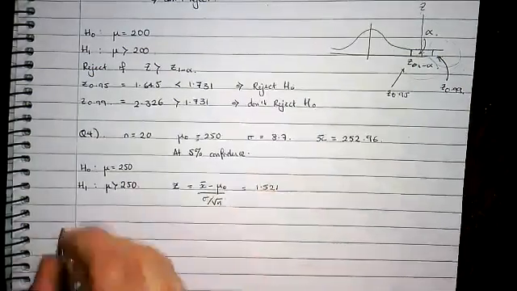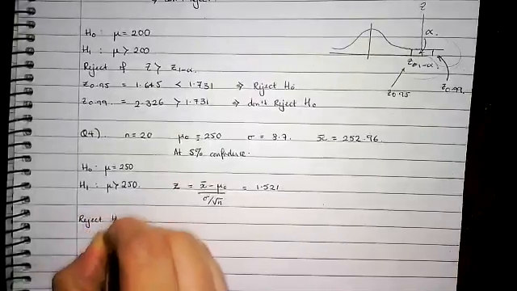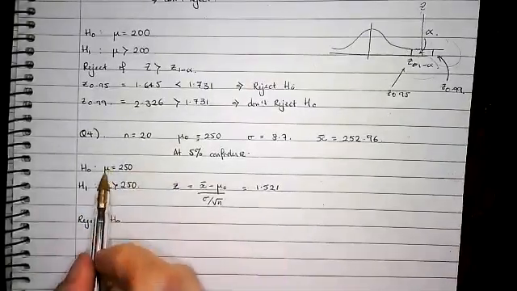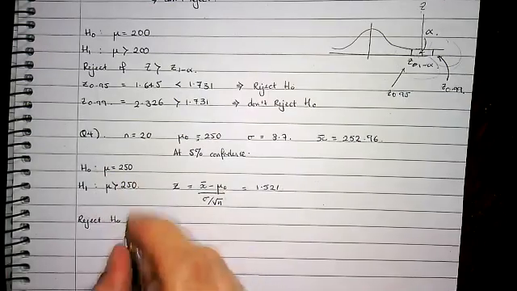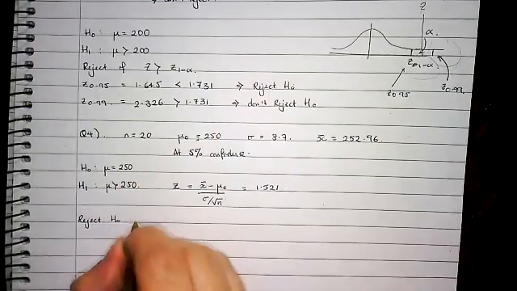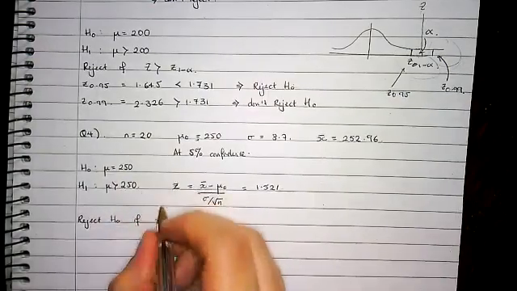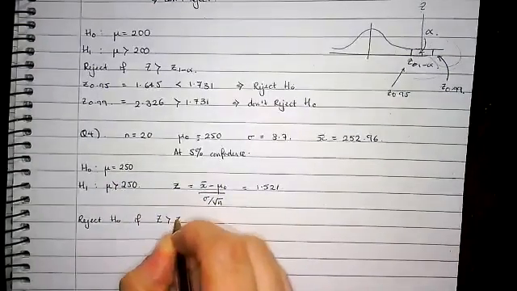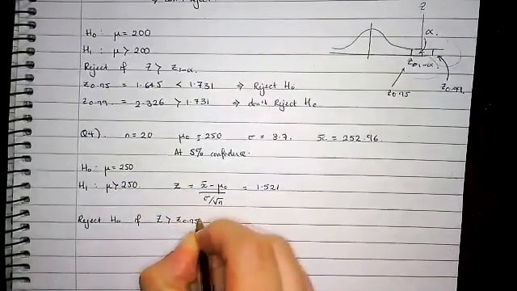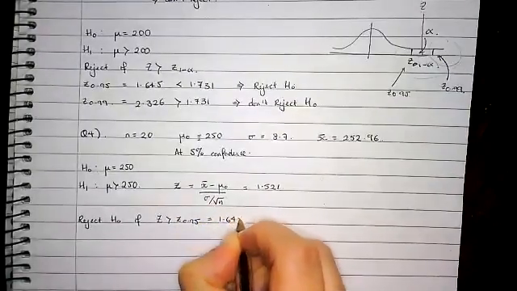As above, we're going to reject H0 if the value of Z exceeds little z 0.95, which we saw before is 1.645.